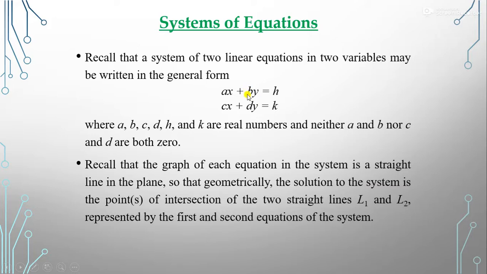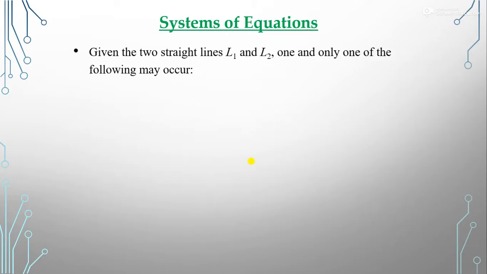Here we suppose two linear lines. The first one we suppose is L1 and the second one is L2. So how can we represent the solution of the linear equations geometrically, or by the graph? Let's see here. First of all, we have two straight lines L1 and L2, and one and only one of the following may occur.